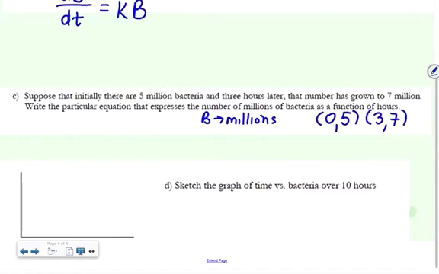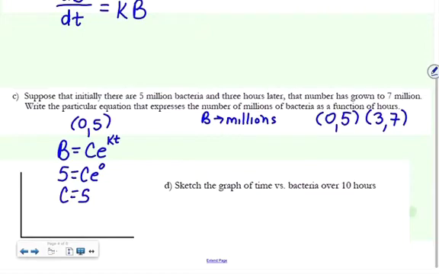So I'm going to use the 0, 5. What you want to be careful is, on this particular one, when t is 0, you always get the initial. It doesn't always work that way, so you want to be careful just to make sure you check it. But c is definitely going to be 5, which represents 5 million, okay?